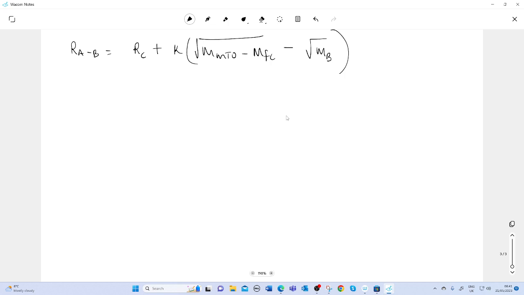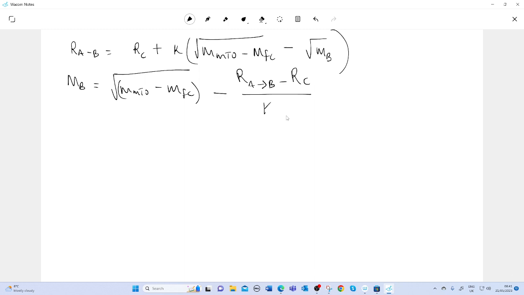So if we make MB the subject, our MB, that is the mass at airport B, becomes the root of the maximum takeoff weight minus the fuel of the climb, minus the range A to B minus the range of climb over the constant, all squared.